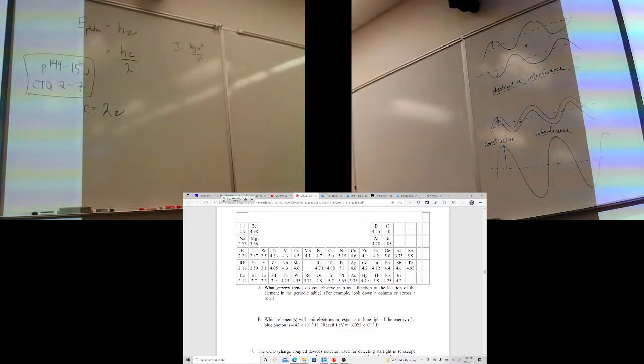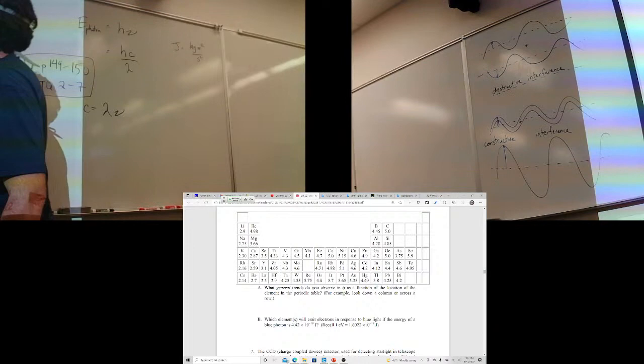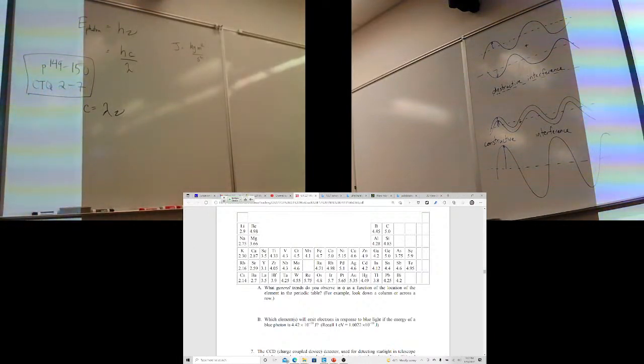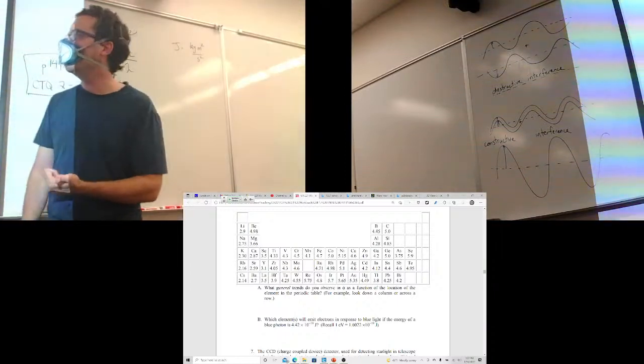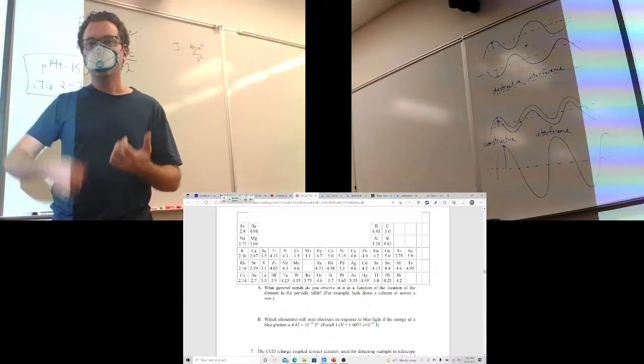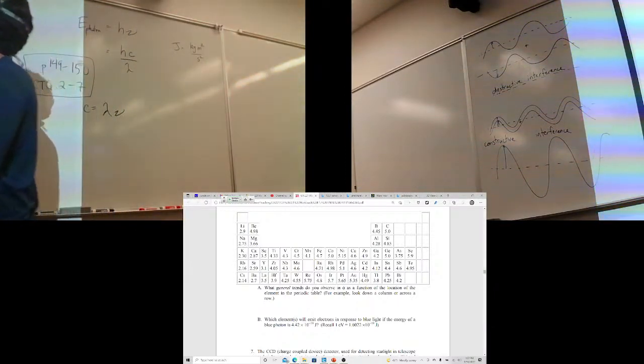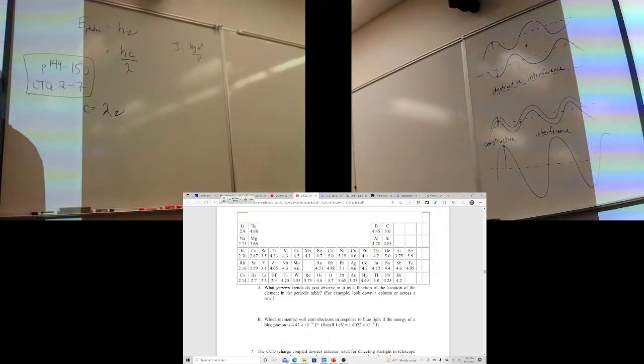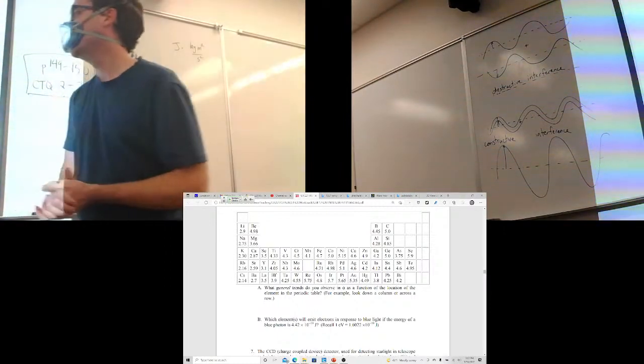It gets easier to remove an electron as you go down in the periodic table. Like I said, it's not perfect, but you can see it. And as you go left to right, it gets harder to remove an electron. The energy goes up. You need more energy to remove an electron. It's not perfect, but in general, that's the trend.